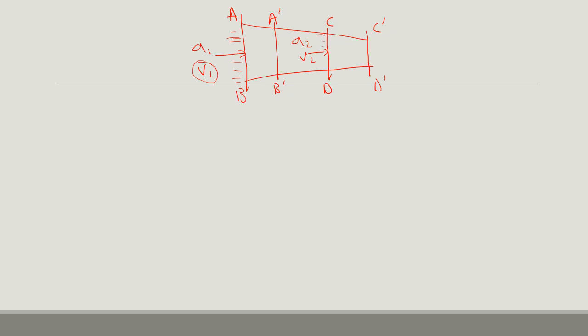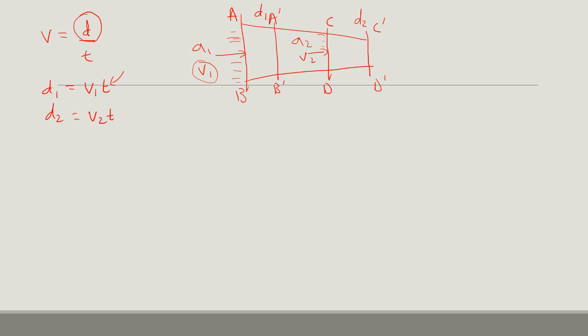So if we want to get the distance d1 and the distance d2, remember velocity is the rate of change of displacement or distance. So now d1 is equal to v1t and d2 is equal to v2t. I hope this is clear, where t is the time it takes.